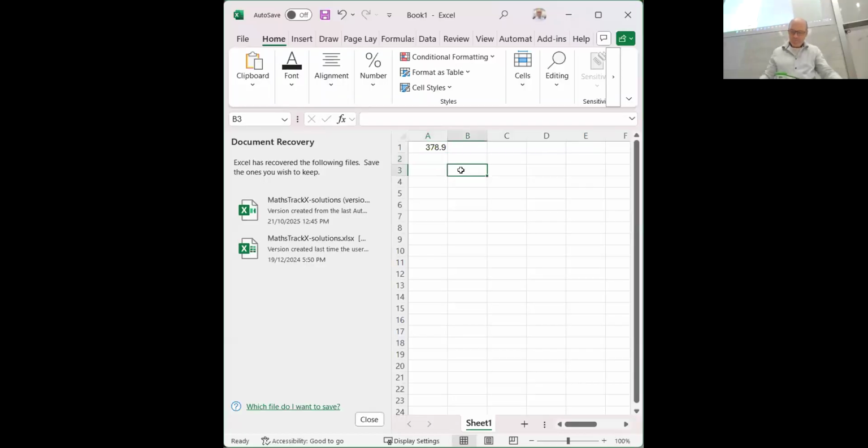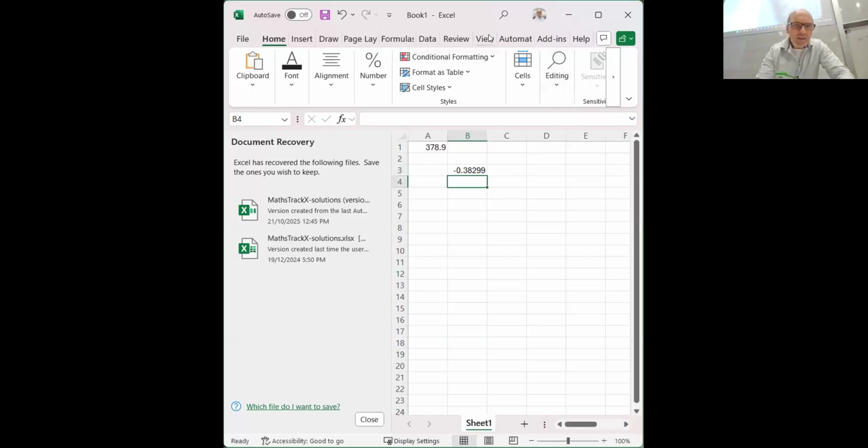So literally what I would do is I would go, all right, well, Excel does the work for me. So I'm going to go 15 on 22 is that number.